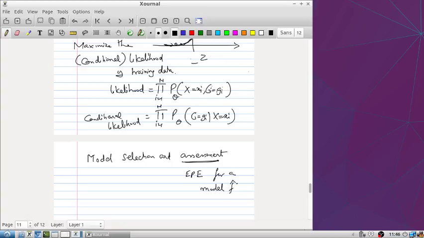I want to just know what is the test performance of this model. That's what it means. What is the out in the wild performance of this model? That's assessment. Model selection is the issue of choice making.